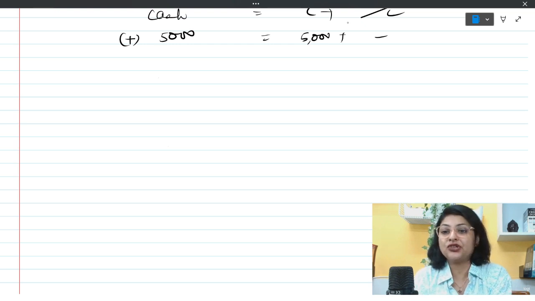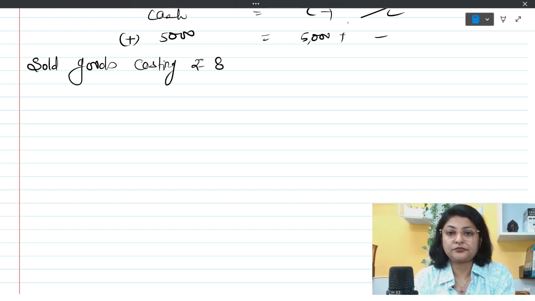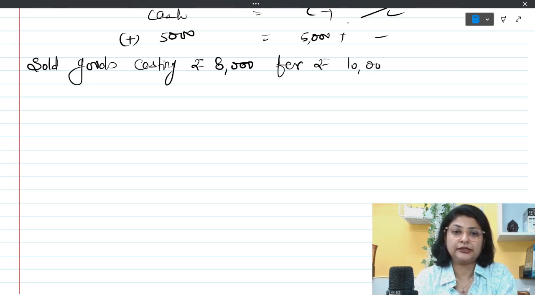So the transaction is like this: sold goods costing rupees 8,000 for rupees 10,000.